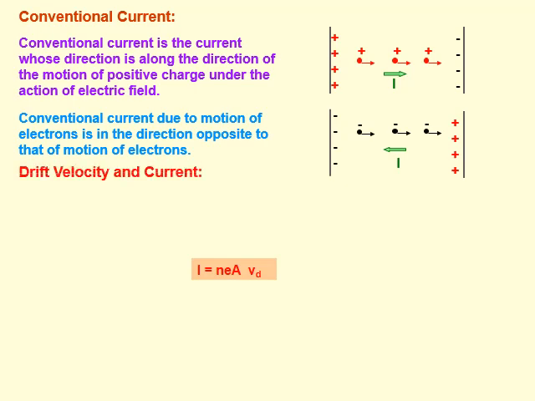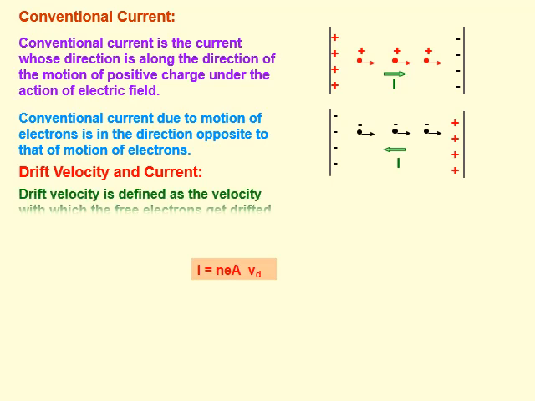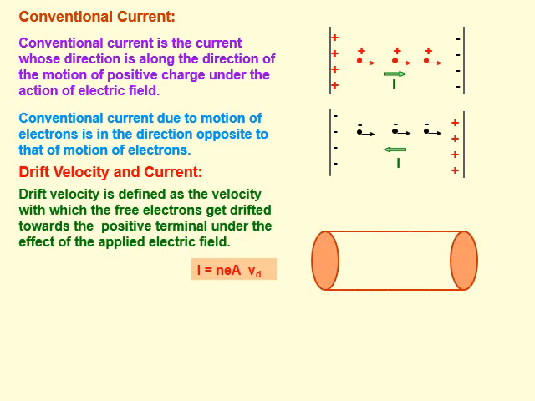The next topic we will be discussing is drift velocity and electric current. We shall be providing a detailed discussion of drift velocity in the coming slides. The figure shows a cylindrical conductor, the ends of which have been connected to the terminals of a battery.